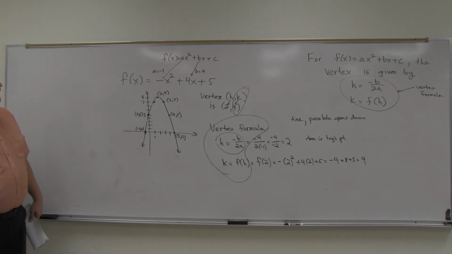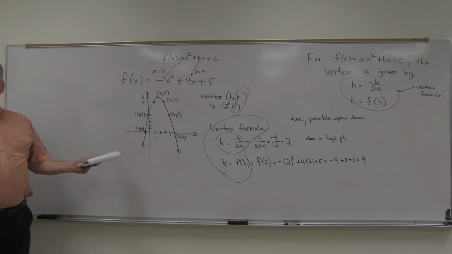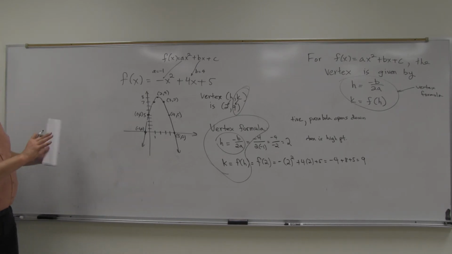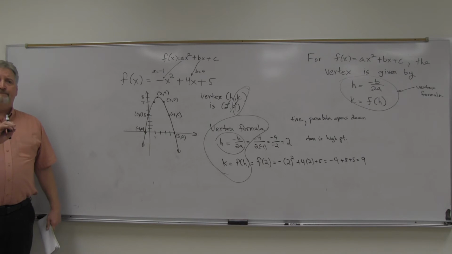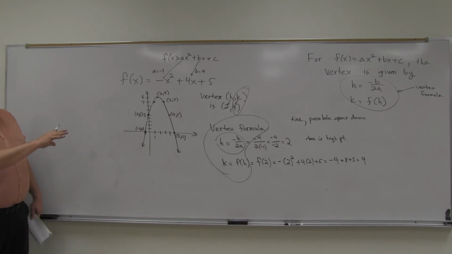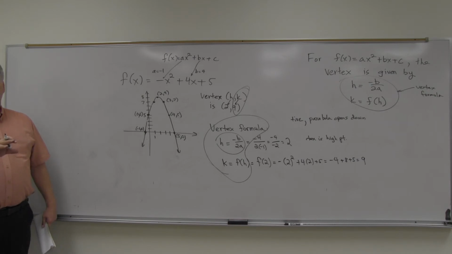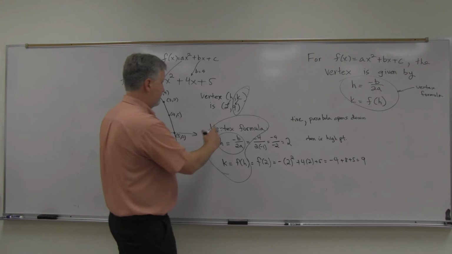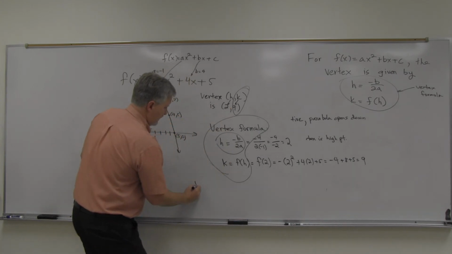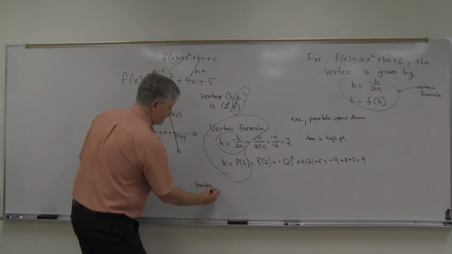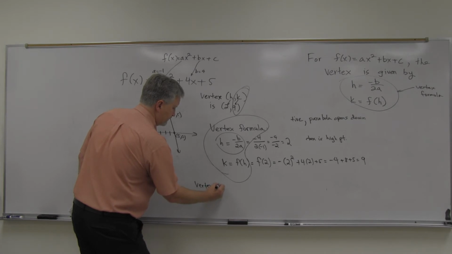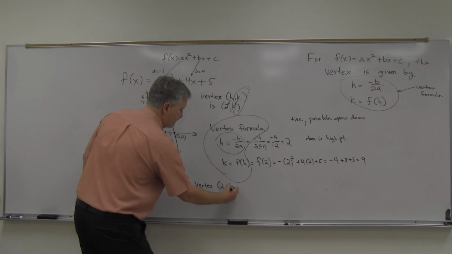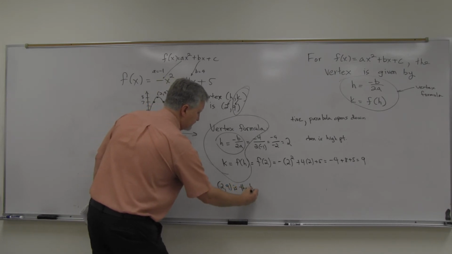Okay, so now, one other point before I erase this one and move on to the next. Is that vertex a high point or low point? It's a high point, right? So our vertex here, negative 2, positive 2, 9, is the high point.